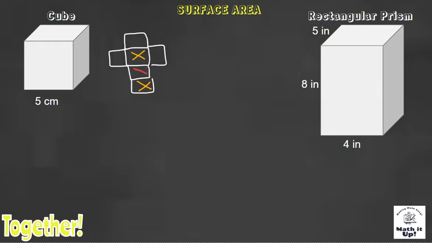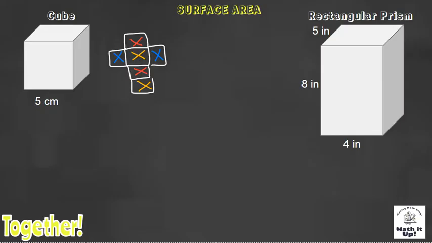The two sides here would have the same size, and the two sides here would have the same size. So there's always a pattern we can look at with these. The goal here is to just find the area of each side and then add those areas together so that we can find out exactly how much area is on the outside of this figure.